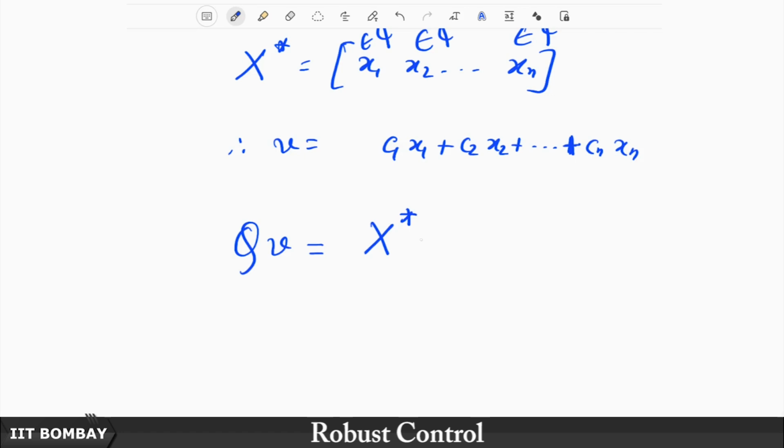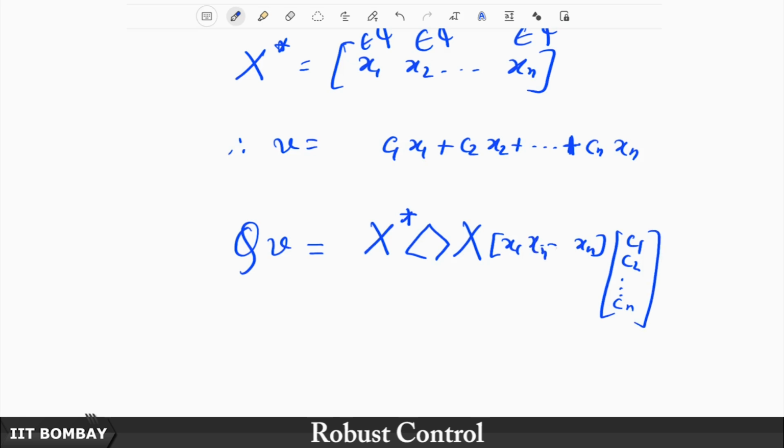X star times this lambda times this x times what we have is x1 dot dot dot till xn times C1 C2 till Cn, right. I urge you to check that this is indeed true. Why is this true? I am just writing this V. This V can be written in this form, right.